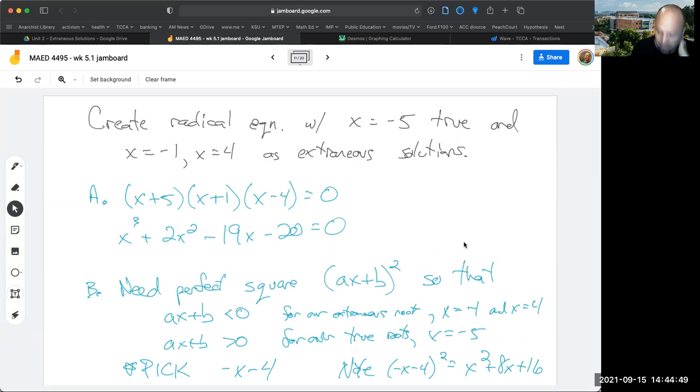These are equivalent, but I'm writing it that way for convenience. Add this, I have x cubed plus 3x squared minus 11x minus 4 equals (-x minus 4) squared. Remember, the purpose of creating a perfect square is so I could take a square root and things would look pretty. So I'm going to take a square root of both sides and just flip things. So I have -x minus 4 equals the square root of x cubed plus 3x squared minus 11x minus 4.